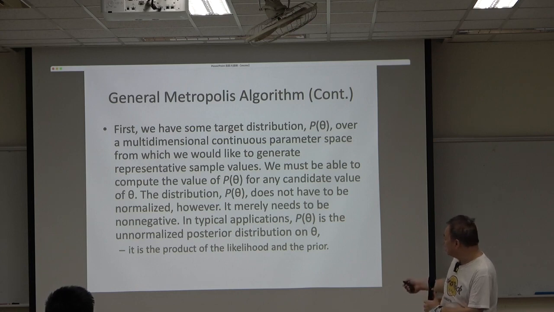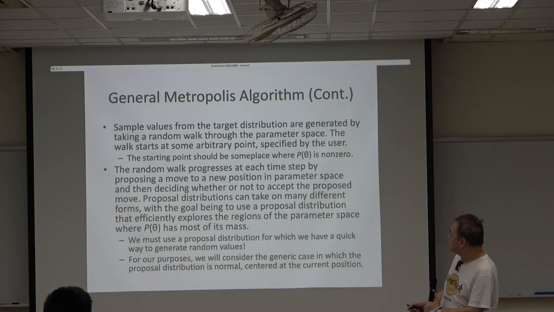The distribution P of theta does not have to be normalized. In typical applications, P of theta is the unnormalized posterior distribution on theta, the product of likelihood and the prior.